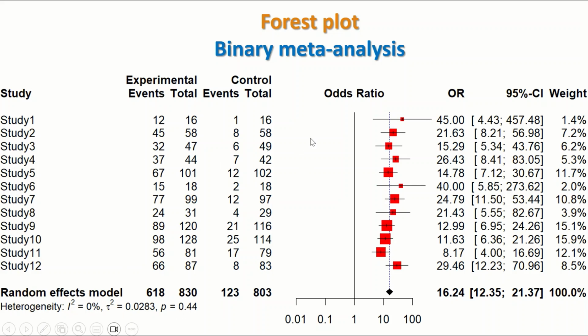As shown for the binary outcome, the descriptive section shows the events happening in the experimental and in the control groups and the total of participants. The effect size, an odds ratio for each individual study, is calculated with a 95% confidence interval, and an overall estimate of the odds ratio is also given here.